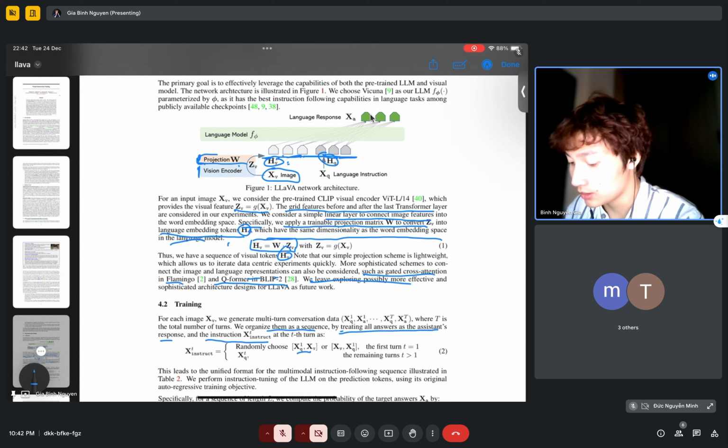So it's easy to merge, and it will be learned during the training process to predict the image captioning here.